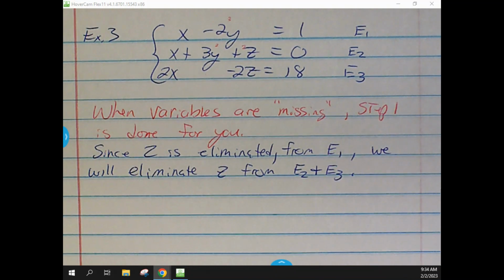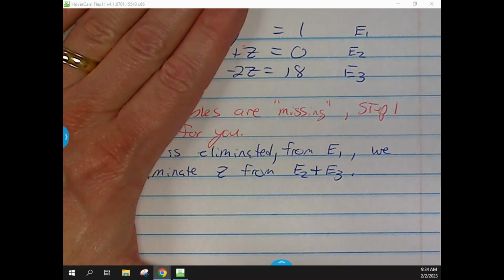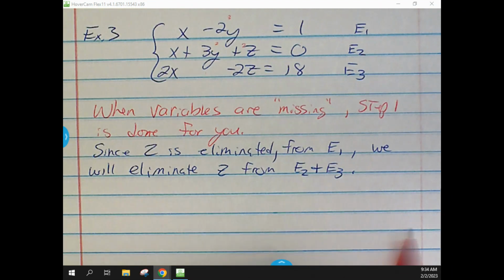So whenever you see one that's missing, they've actually helped you out, because now step one's done. You've just got to say, all right, if they got rid of z here, I'm just going to get rid of z in these two, and then I'm good to go.